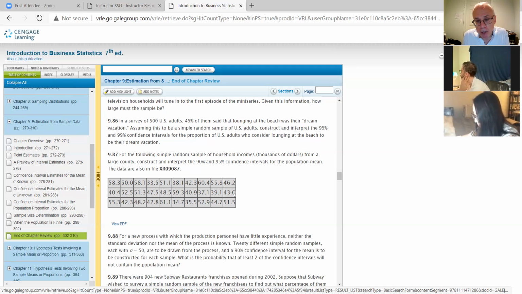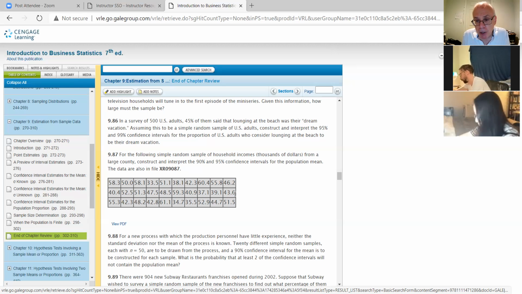So you need your sample mean, your sample standard deviation, and then for 95%, this is very important, you do not know the t critical value. It's going to be different than the z critical value, because in this case, because we're using the sample standard deviation, we must use the t critical value.